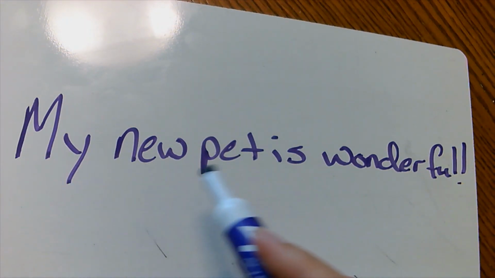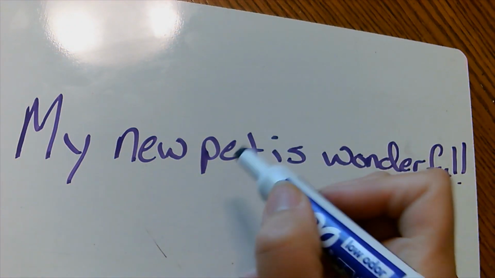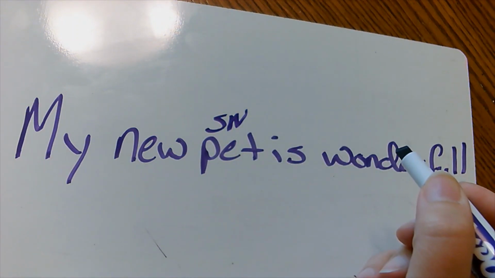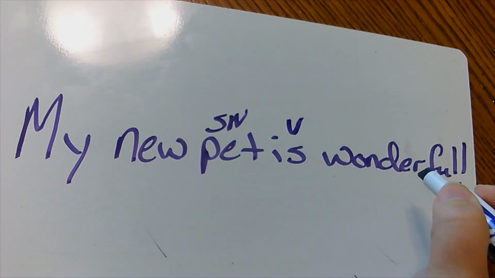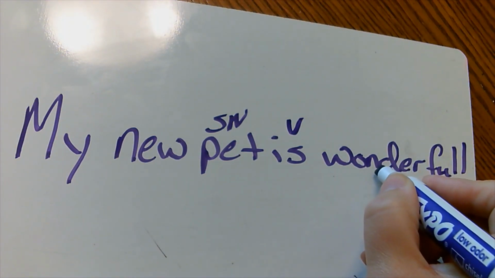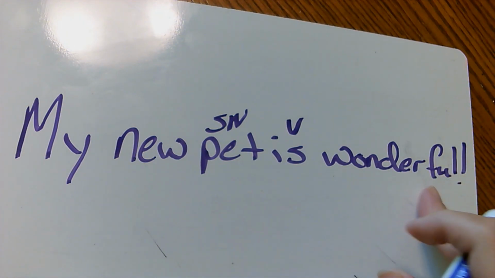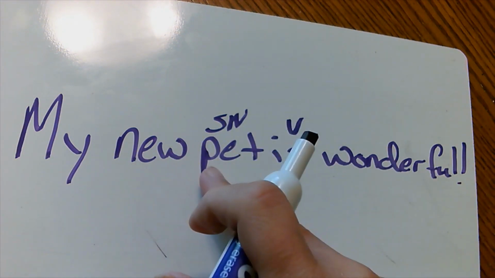So, my new pet is wonderful. What is wonderful? Pet, subject noun. What is being said about pet? Pet is, verb. Pet is what? Wonderful. Verify the adjective instead of verb or noun. What kind of pet?